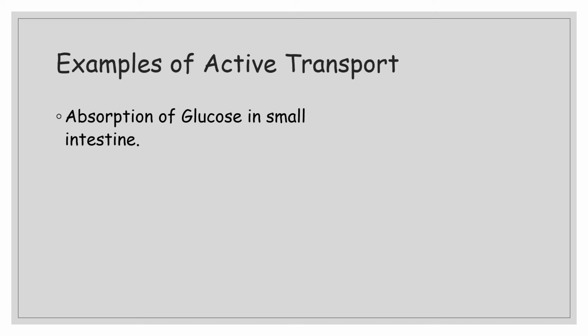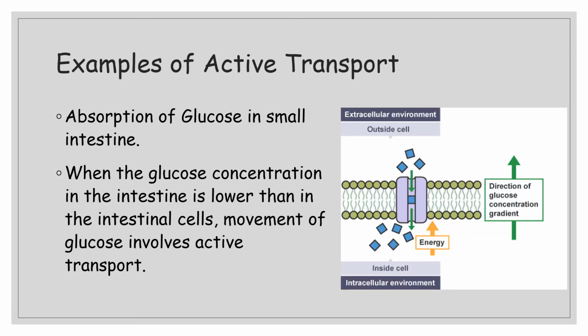However, there are some times when there is a high concentration of glucose in your blood. So that means that your body has to invest energy to pump that glucose from your small intestine into your blood so it doesn't lose any, because there may be some points in life where we don't have enough glucose from our food, so we want to make sure we get everything we can from the digestive process.